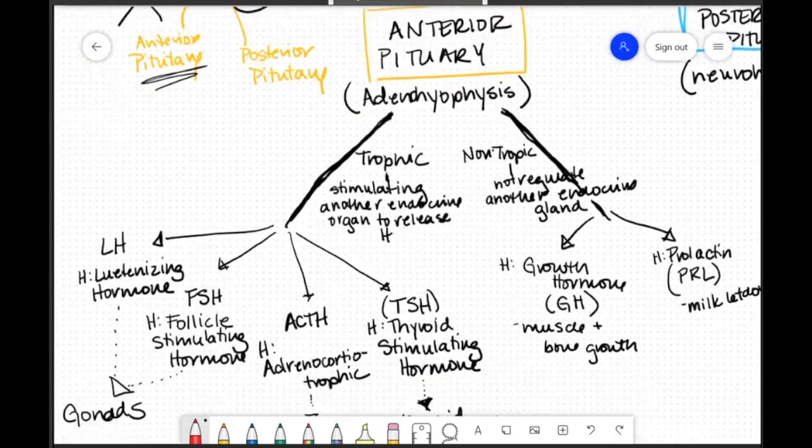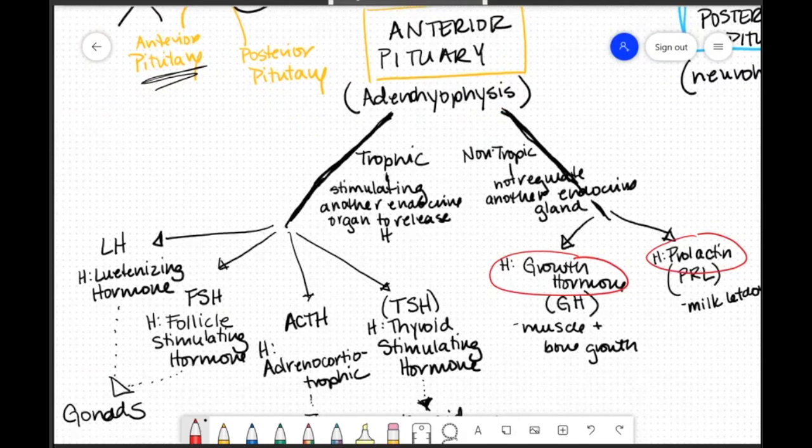In the anterior pituitary, there are two types of hormones. If you are a non-trophic hormone, you're just released into the blood and you act on a biological system, but you do not specifically target another endocrine gland. Those hormones are growth hormone and prolactin. However, your anterior pituitary also releases trophic hormones.